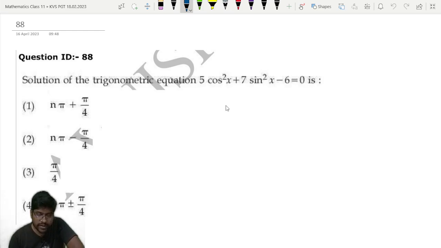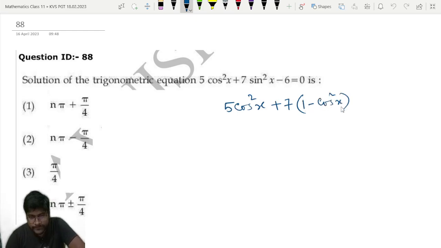For that we will convert the total equation into cos. 5 cos square x plus 7 into sin square x, which is 1 minus cos square x, minus 6 is equal to 0. So we get 5 cos square x minus 7 cos square x, so minus 2 cos square x, plus 7 minus 6, that means plus 1, is equal to 0.